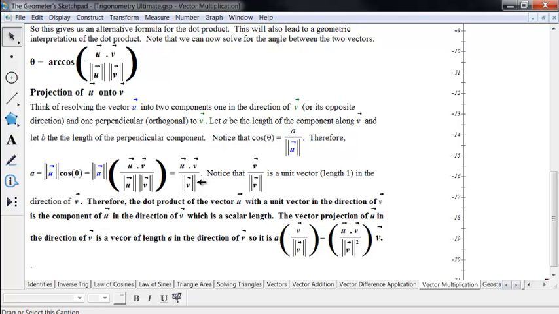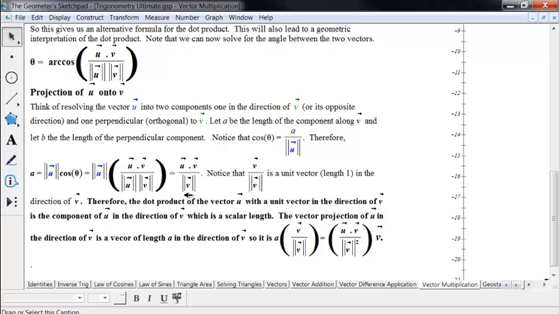In other words, a vector of length 1 in the direction of v. If you want to take a vector and shrink it or expand it, whatever is needed, to get a unit vector, all you have to do is divide it by its own norm. And you will get a vector that's in the same direction as the one you started with, but has only length 1. So if you think about this, this is the same as taking u and dotting it with a unit vector in the direction of v.